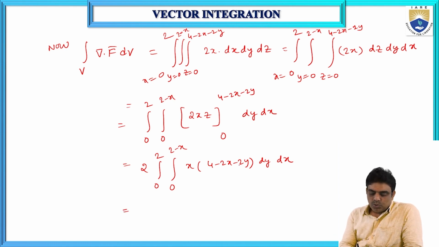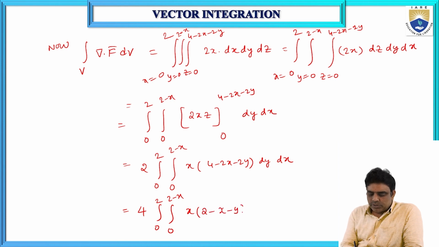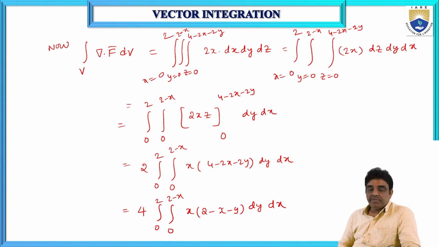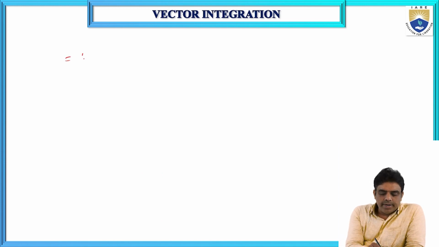Now to take out the value 4 into 0 to 2, 0 to 2 minus x into 2 minus x minus y dy into dx. Just for the sake of simplification, I take out the value. So this is 4 into integral 0 to 2, integral 0 to 2 minus x.